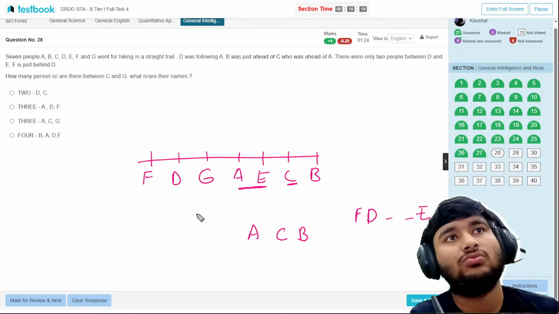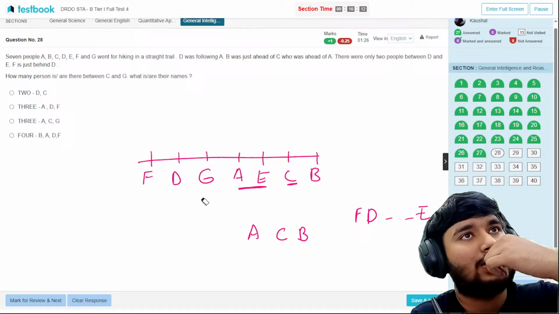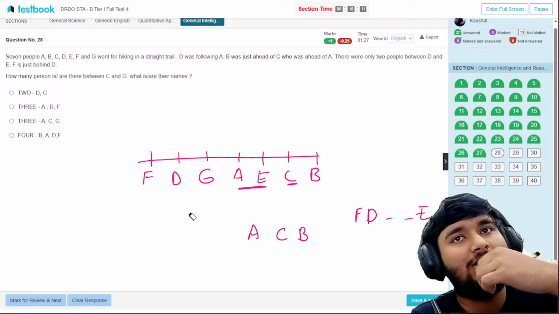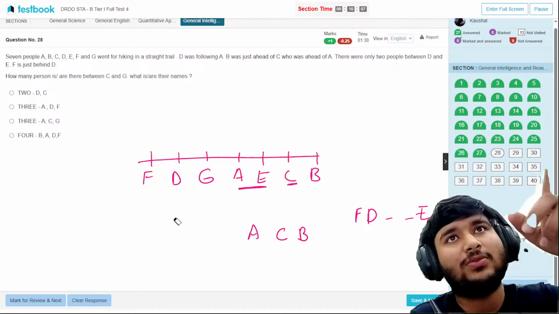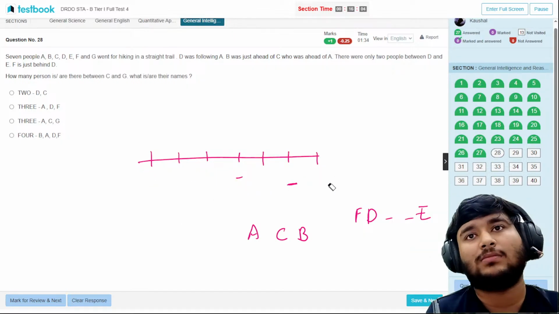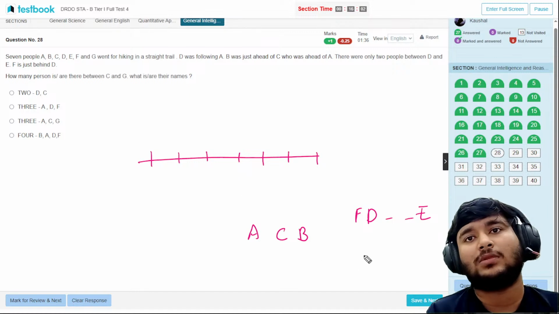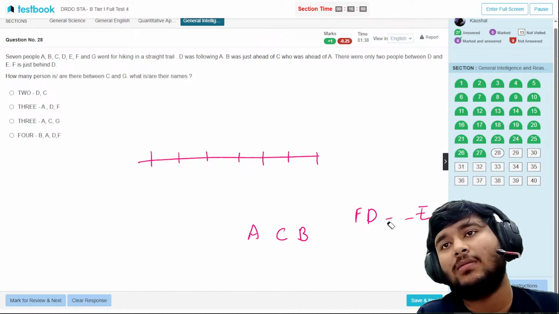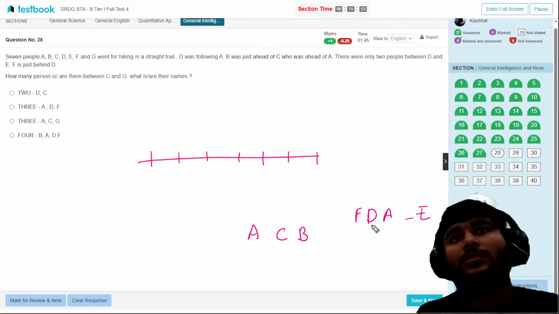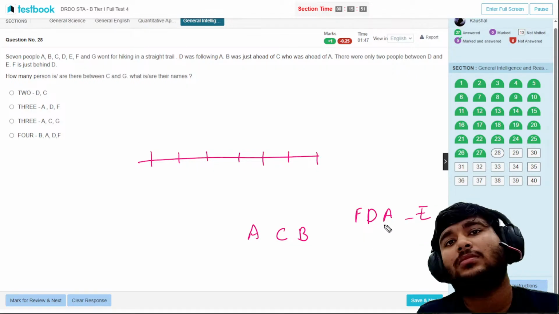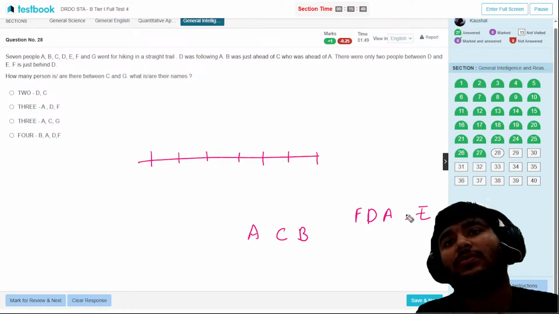Two. D and C. D was following A. He was just ahead of C. Who was ahead of A?